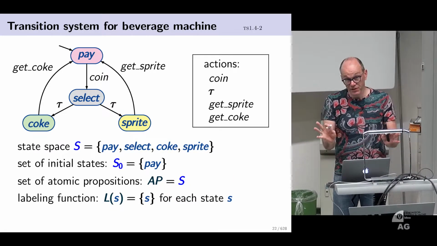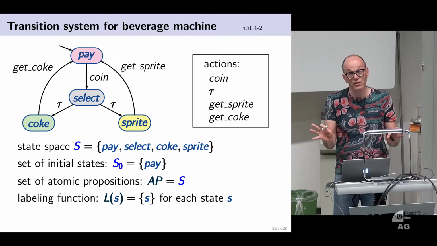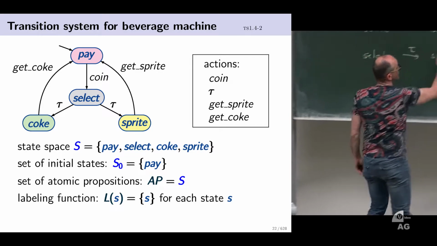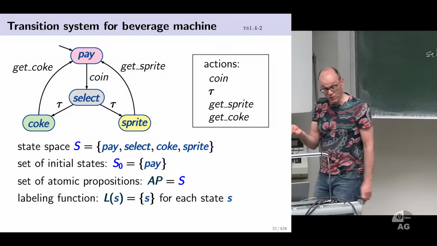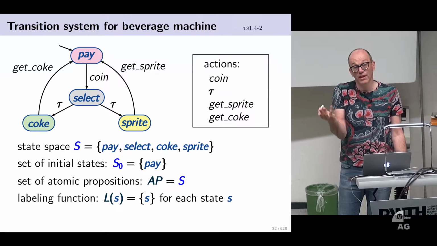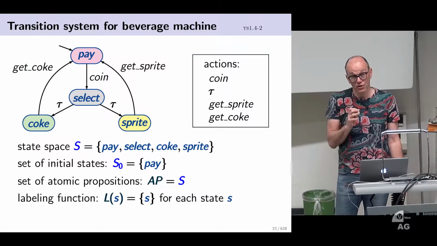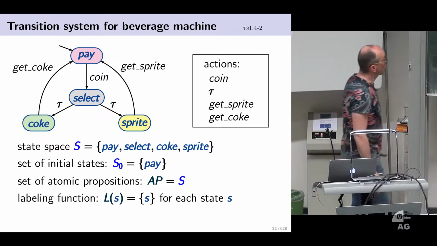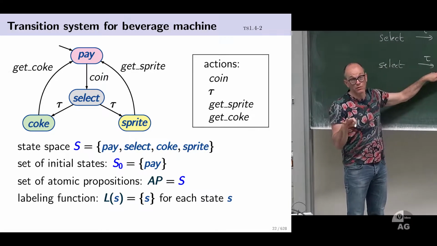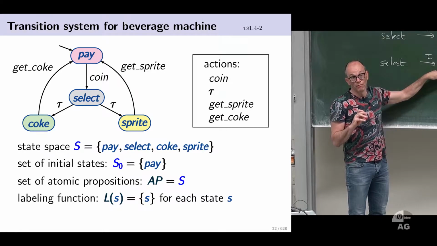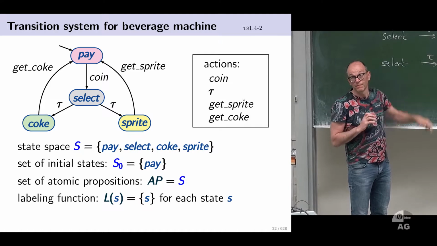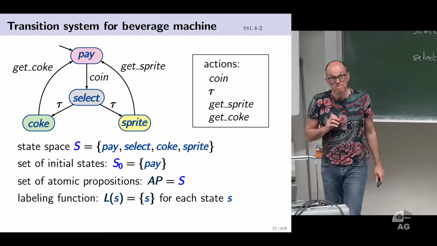It doesn't affect the transitions. The transitions are still the same. The only point is that now the labeling of these 2 states is different. But the transition system is still non-deterministic. Being in the state select, you can do a TOR transition, and you either end up in the Coke state or you end up in the Sprite state. This remains the same, no matter what the labeling of the states is. Good?